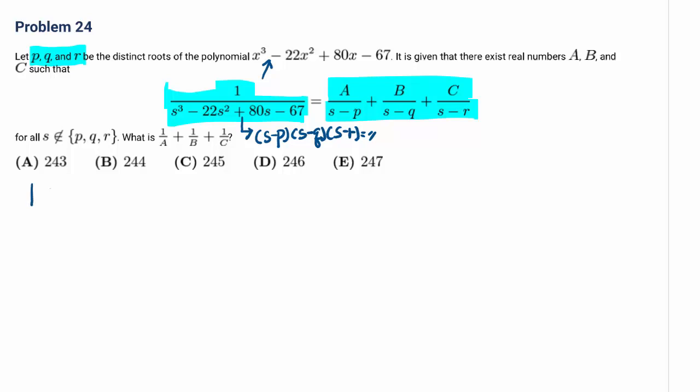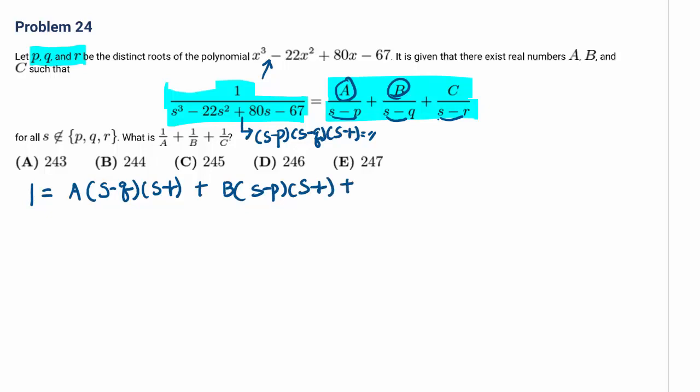Number 1 equals the numerator, so A times the other two: A times (s minus q)(s minus r). For B, we multiply these two: plus B times (s minus p)(s minus r).